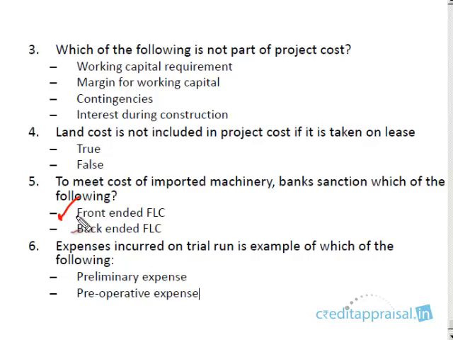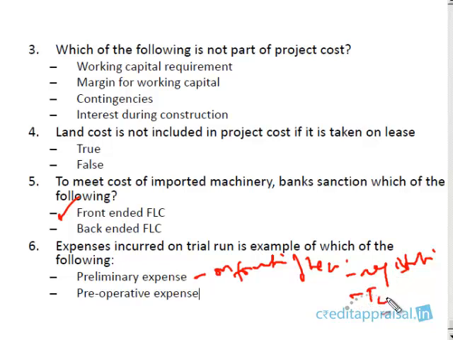The answer to this question number 5 is front-ended FLC. So question number 6, expenses incurred on trial run is an example of which of the following? Preliminary or pre-operative expense. So we did discuss the difference between preliminary expense and pre-operative expense. Preliminary expenses are expenses incurred for the formation of the company, right? These are expenses like registration charges, registration fees for the corporation. You have to pay some fees to the ROC, okay?